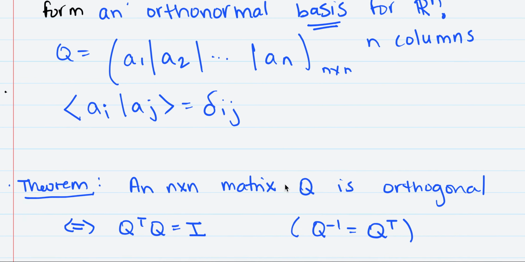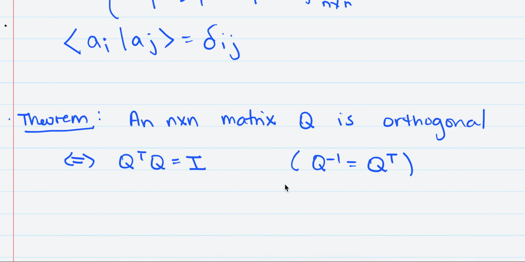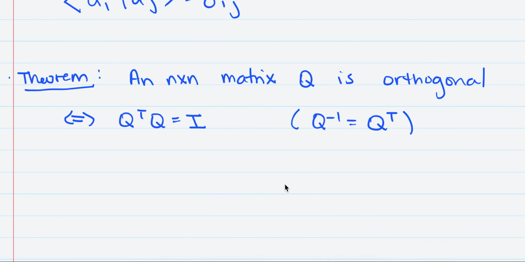So if you have an n by n matrix, Q is orthogonal if and only if the inverse of Q is actually its transpose. Let me let it sink in for a second. If the transpose of a matrix is its inverse, then the columns in that matrix form an orthonormal basis for Rn.